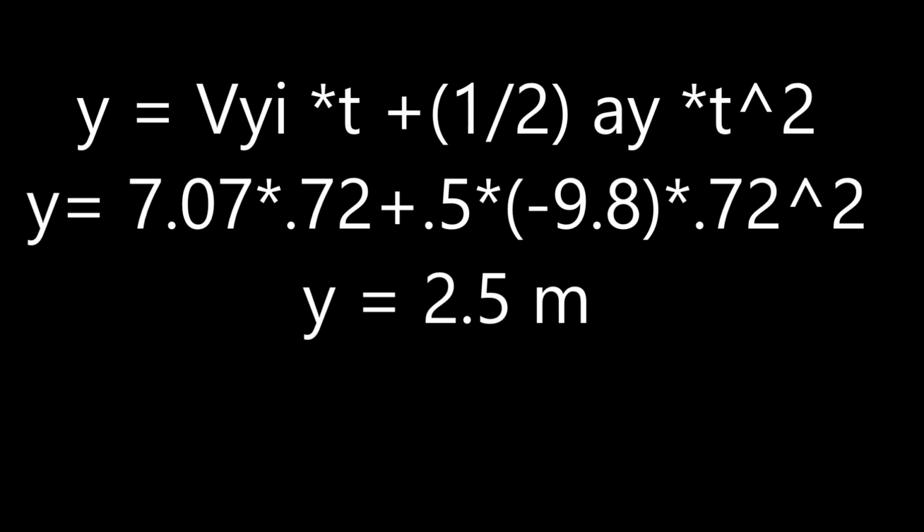But it's important to remember that gravity is acting in the negative direction. It's acting down. So you have to make that term negative. So you can either do that by subtracting the entire term or by plugging in negative 9.8. Solving that, you get that the y equals 2.5 meters.